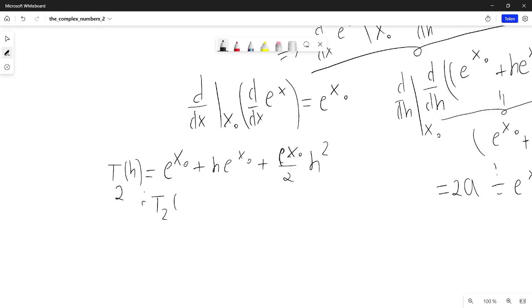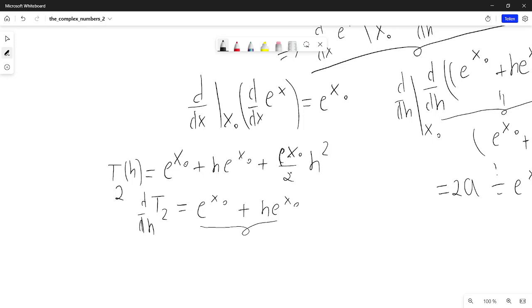T2, the first derivative of h, is equal to f'(x0) plus h f''(x0).